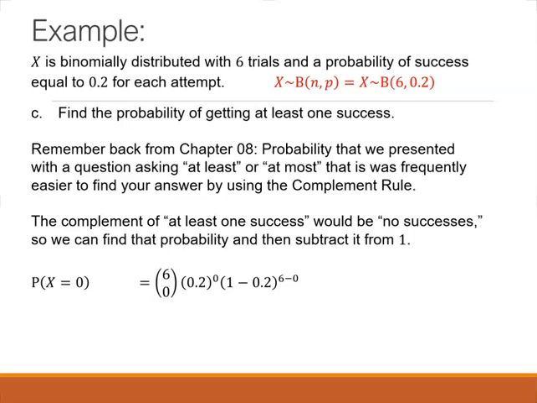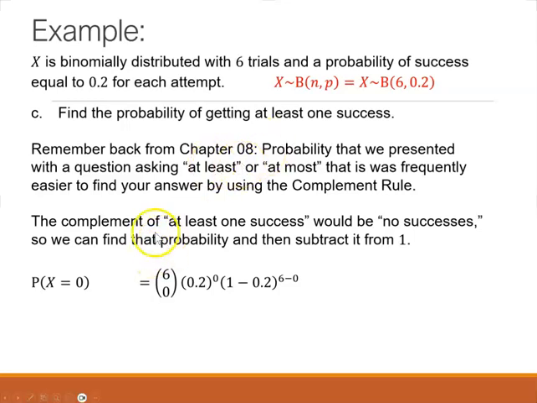Yuck. Or I can do 1 minus the probability of not at least 1 success. The negation of greater than or equal to is strictly less than. So less than 1 success is only 0 successes.